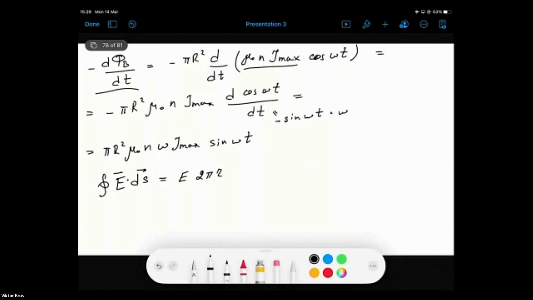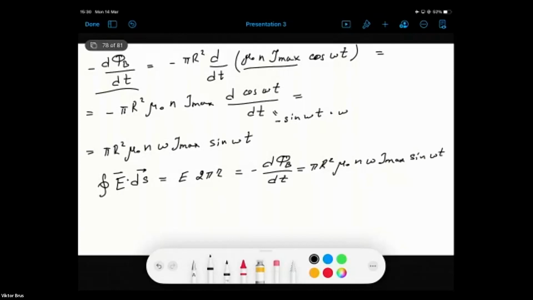And this should be equal, from previous discussions, to the induced electromotive force, and the induced electromotive force, according to Faraday's law, is the negative first derivative of the magnetic field flux over time. And we already know that it is equal to pi r squared mu naught omega I maximum times sine omega t.